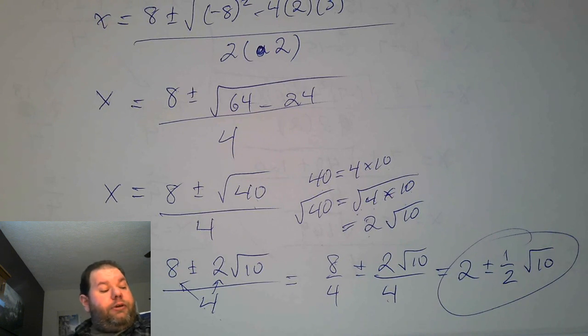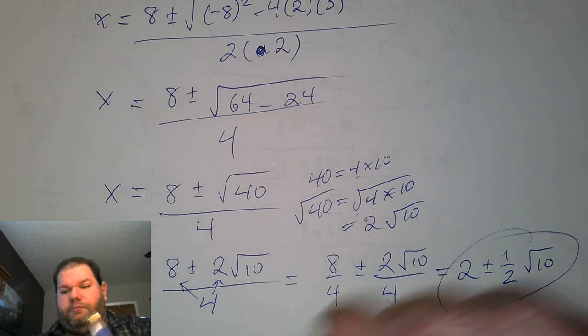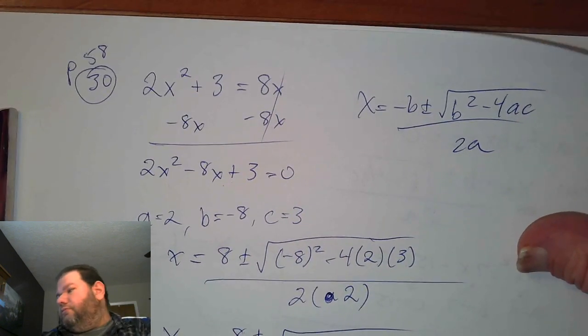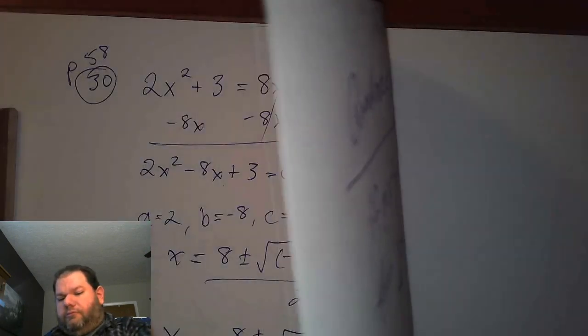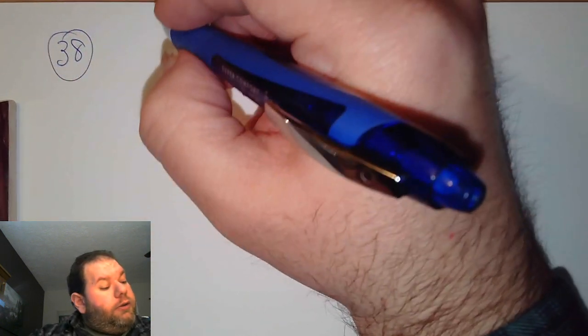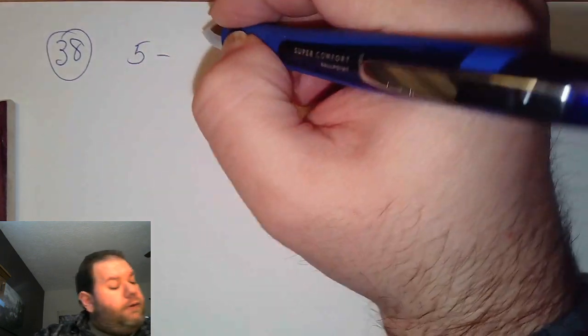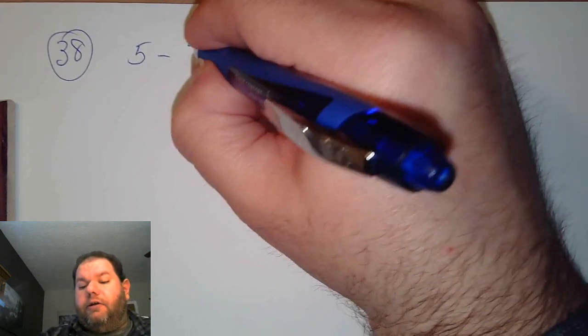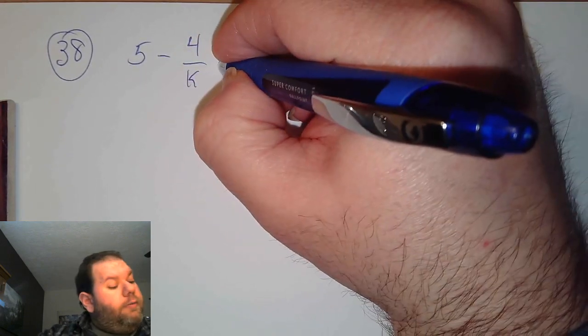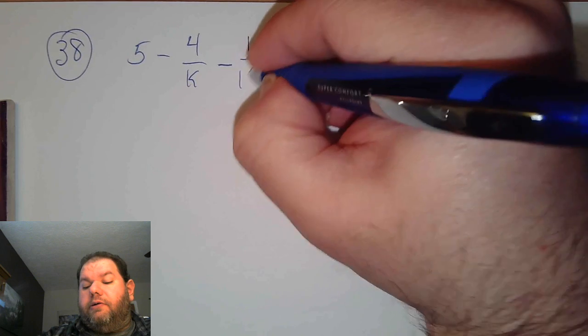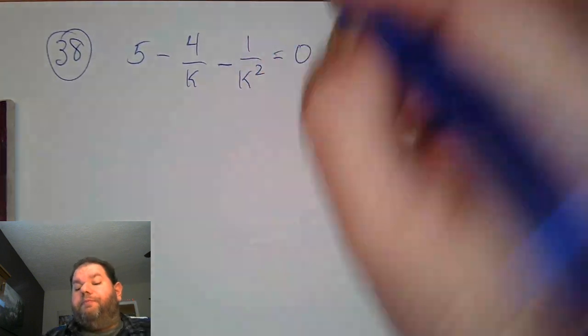I also wanted to look at 38. We have 5 minus 4 over k minus 1 over k squared equals 0.